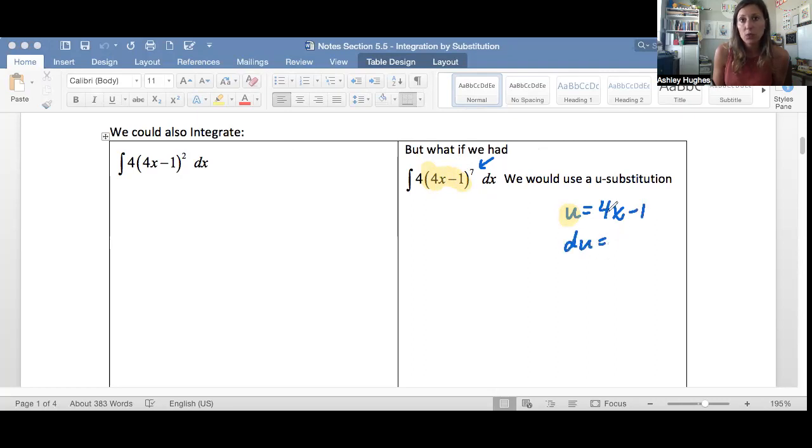The derivative of 4x would be 4, and the derivative of x is dx. Okay? So now we're going to substitute. Technically, we're substituting in for this and also dx. So my recommendation is to solve for dx. Here we get du over 4. So if I go to rewrite this integral, I have this 4 right here.